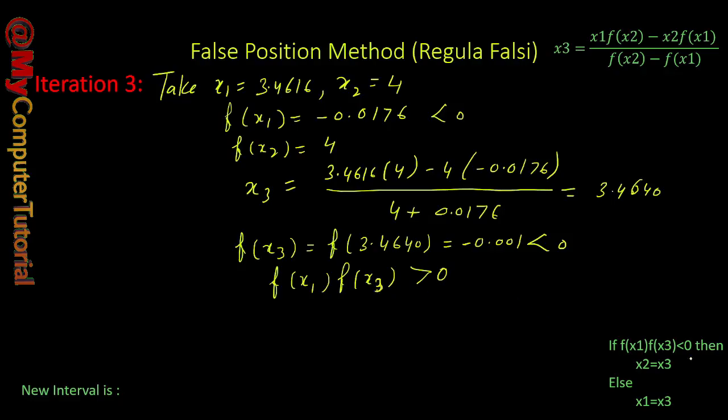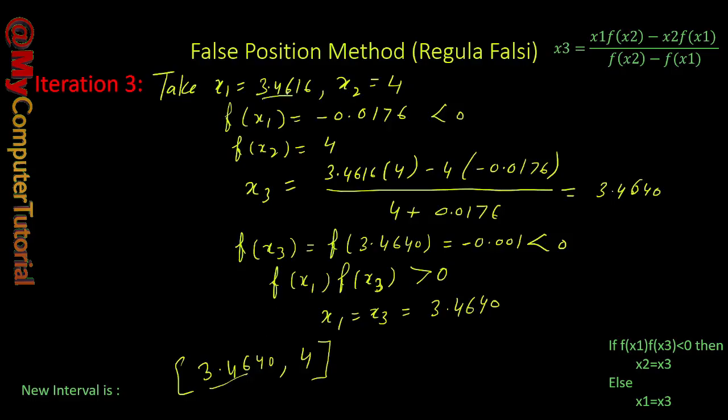If f(x1) into f(x3) is positive, then x1 has to change. x1 is equal to x3, that is 3.4640, and it means the next interval will become 3.4640, comma 4. Now you can see that in the previous calculation we had the value 3.4616, and now we have 3.4640.